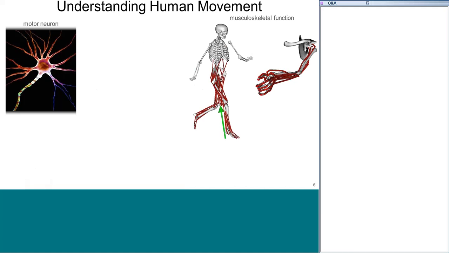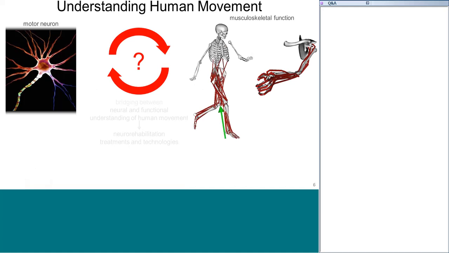So the ability of bridging between these two worlds is important to truly understanding human movement. And the ability of understanding the mechanisms underlying human locomotion is important to develop effective solutions for individuals who are affected by neuromuscular impairments.